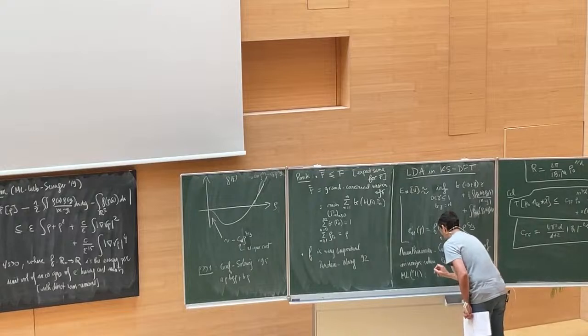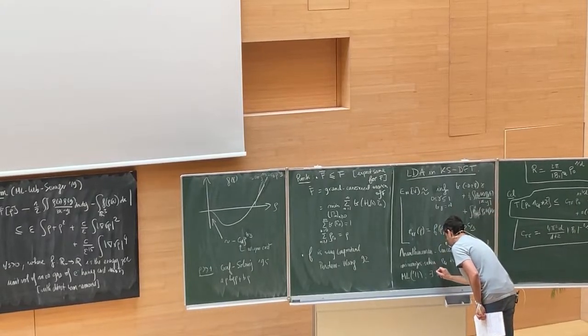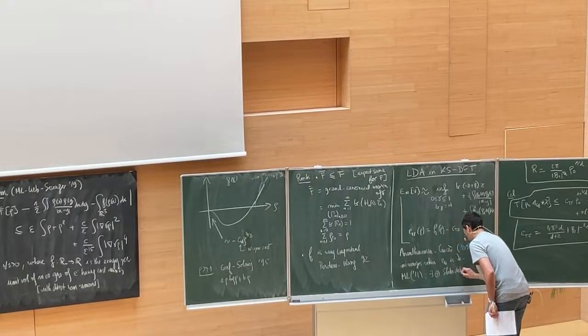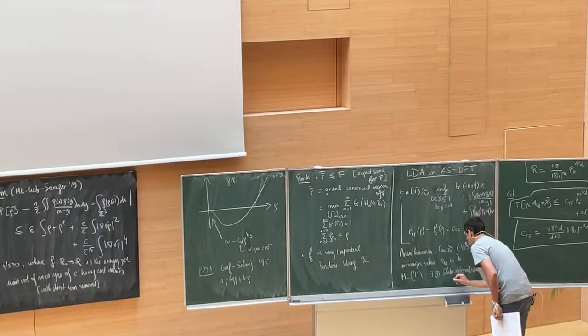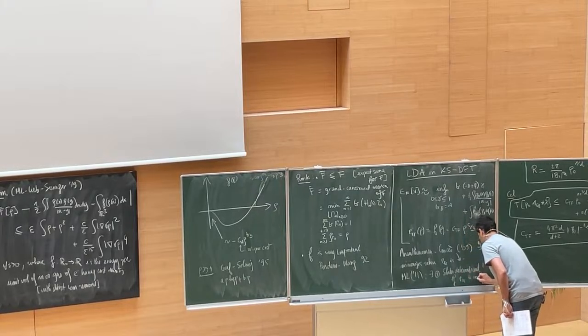And then actually in 11, I also proved existence, except I proved existence plus the fact that your Slater determinant, if the E_xc is concave.